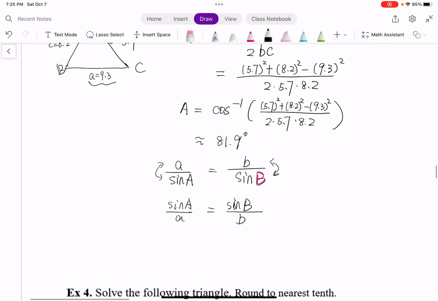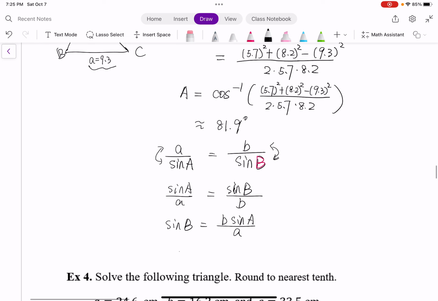Isolate sine B. Multiply by b on both sides. So sine B equals b times sine A, all divided by a. So B equals the inverse of sine of b times sine A over a.